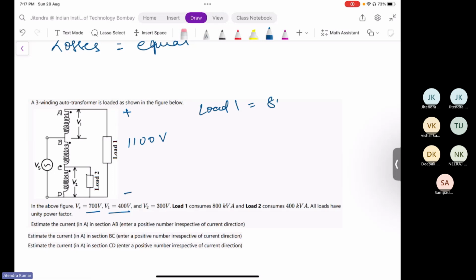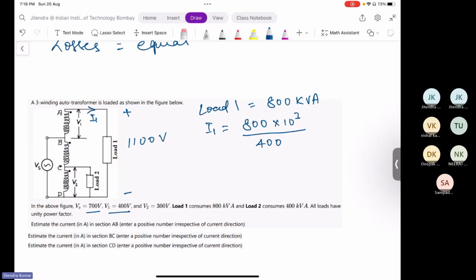Load 1 is having 1100 volt, and since load 1 consumes 800 kVA, the first thing we can do is compute this current I1, right? So I1 will be 800 kVA divided by how much voltage? V1, 400 volt, right? 800 kVA divided by 400 volt.